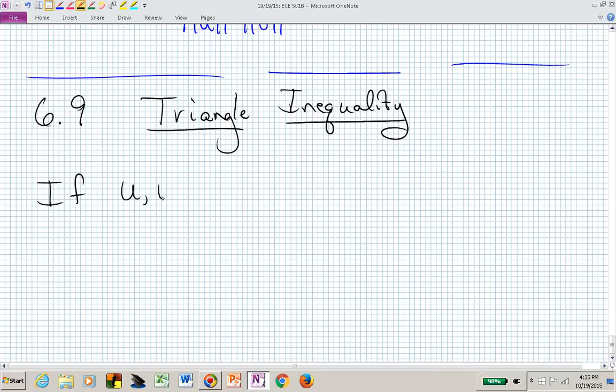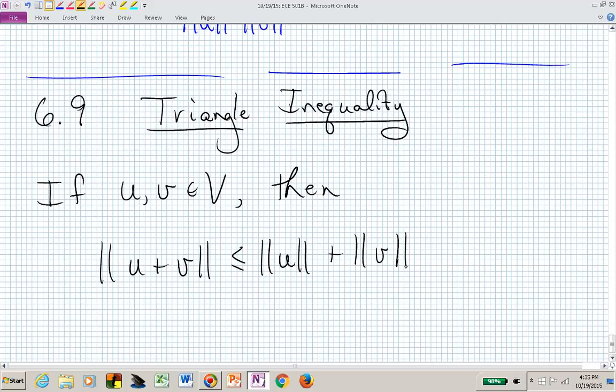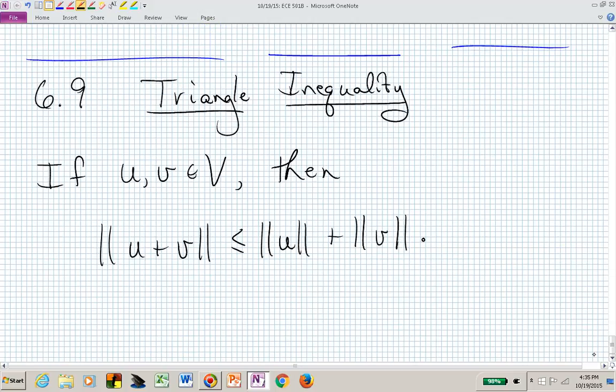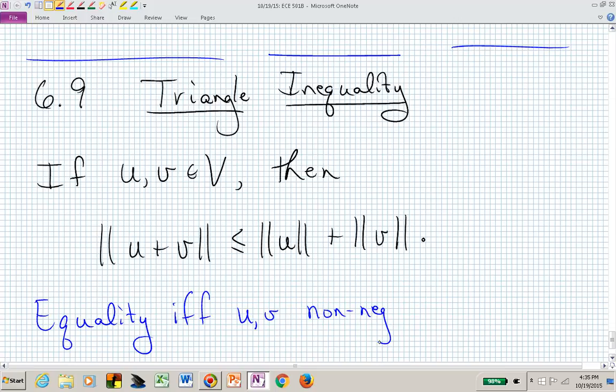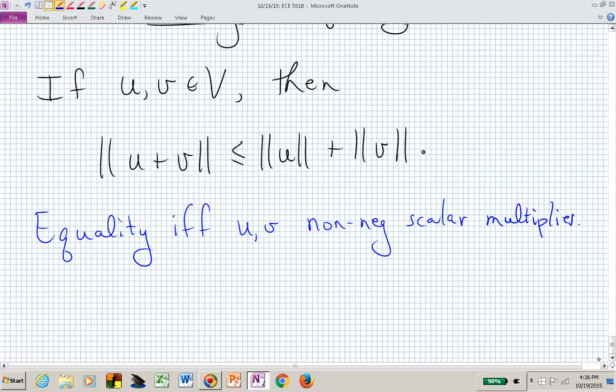Here, if we have two vectors, u and v, in our vector space V, then we know that the norm of the sum of u and v is going to be less than or equal to the norm of u plus the norm of v, where we will have equality if and only if these two vectors u and v are non-negative scalar multiples of each other. Which means that u is equal to a v, for example.